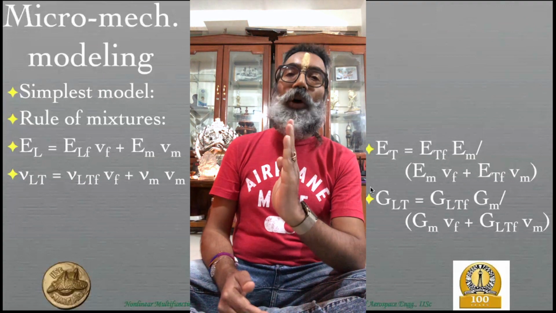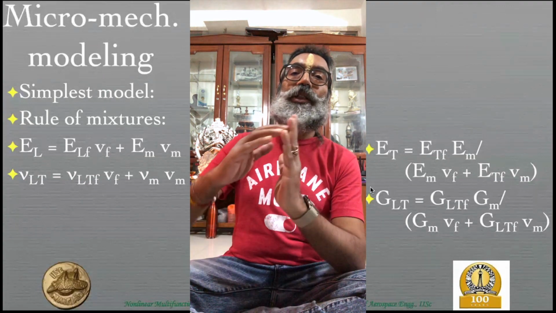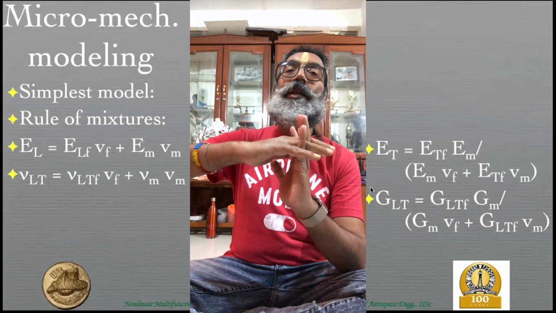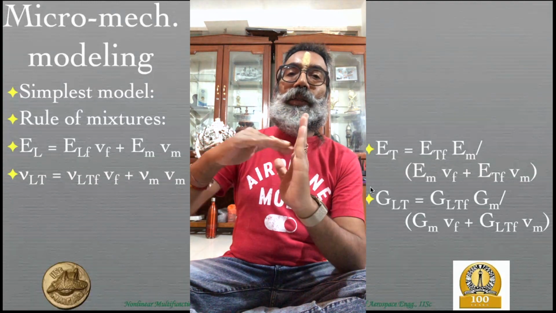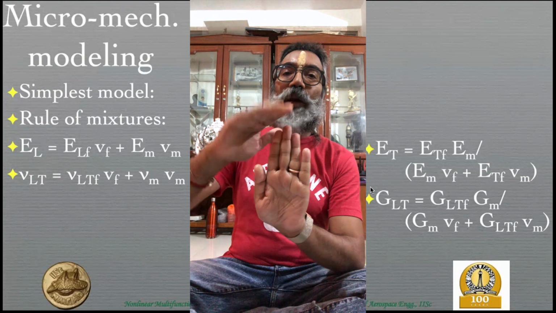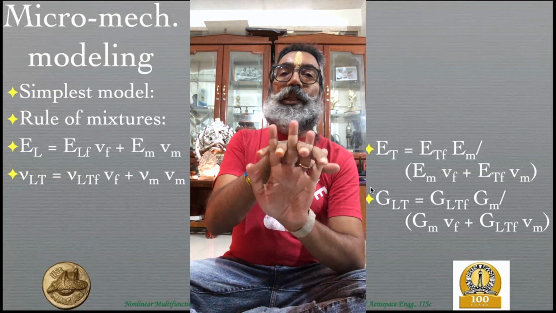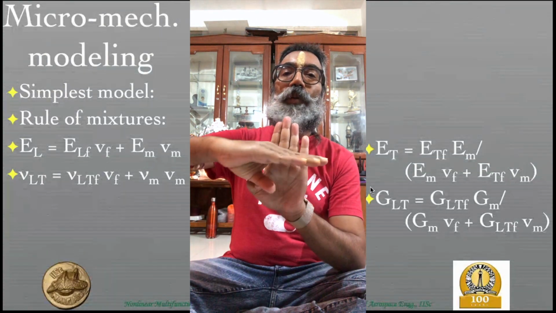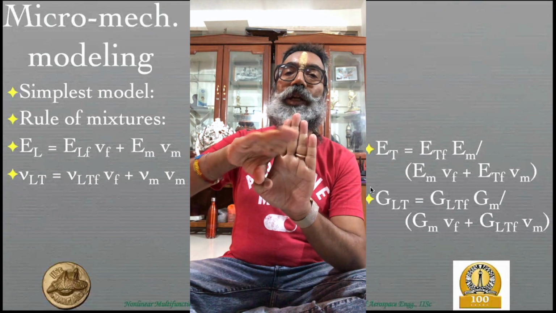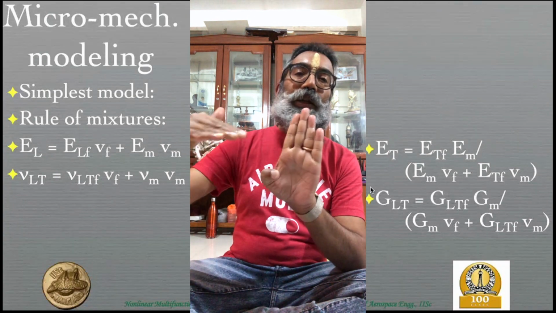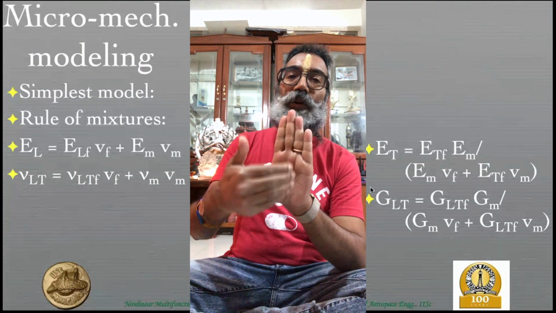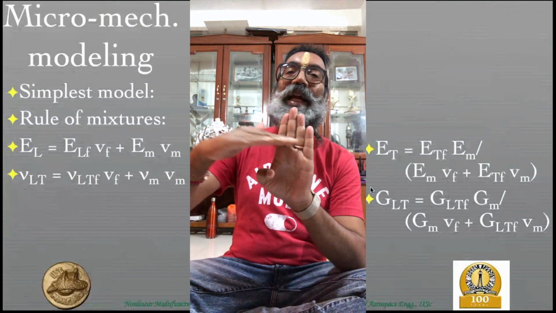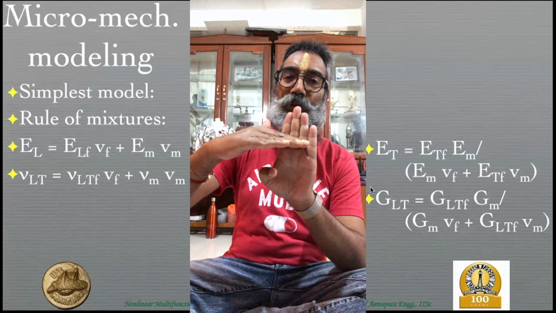One other important shear modulus that we need to be interested in is the GTT prime, because in this, if these are the fiber direction, then this particular plane that you have perpendicular to the fibers is the same whether you're having this direction or this direction. Both are perpendicular to the fiber, because this entire plane is perpendicular to the fiber.